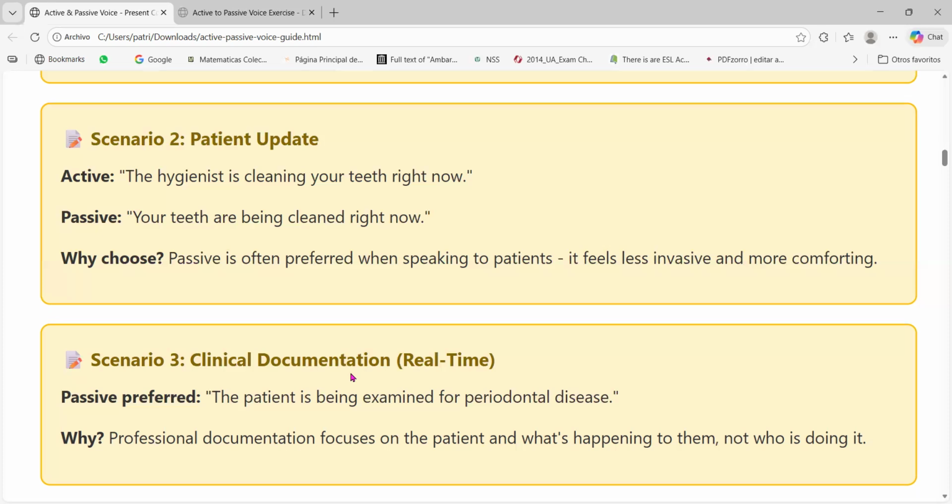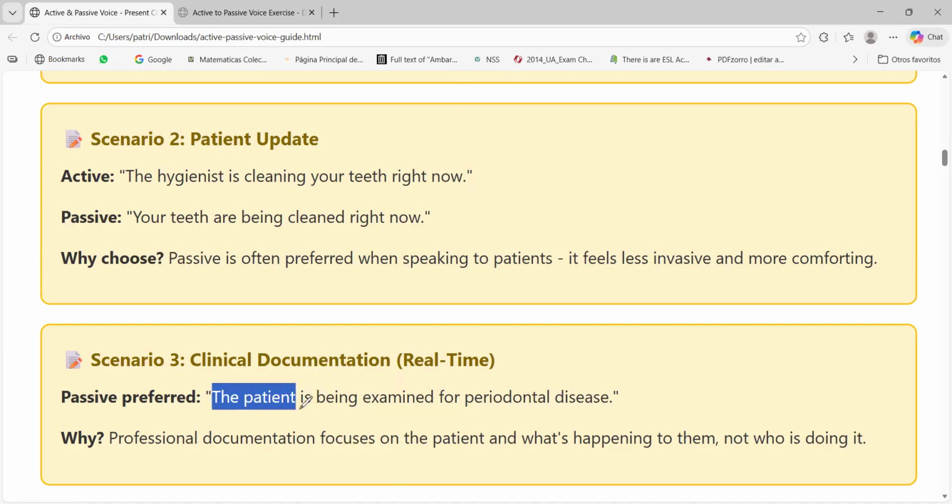Scenario 3. Directly, the patient. Yes, your patient is essential. So you don't mention the dentist, the doctor, the hygienist, because we focus on the patient.